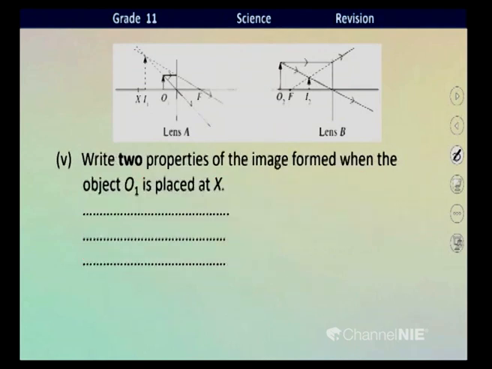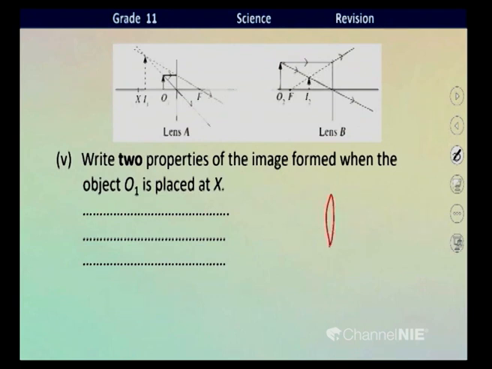Next, write two properties of the image formed when object O1 is placed at X. Here, children, if I draw the convex lens relevant to lens A, look here.